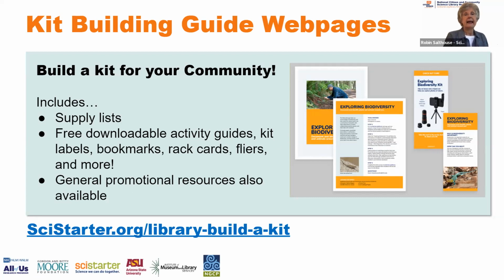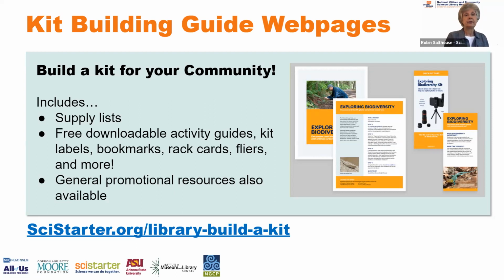Next slide. So how to get started on building a kit: use that website you see on the bottom of this slide, and you'll find directions and build-a-kit guides for each of the 6 projects. Also think of using these kit materials as templates. Maybe you have another project, which we've had libraries do, that is of particular interest to their communities.